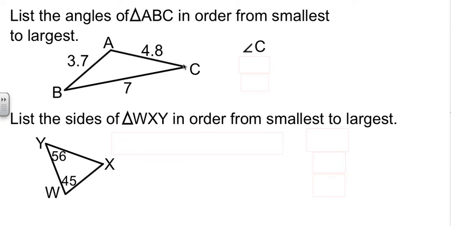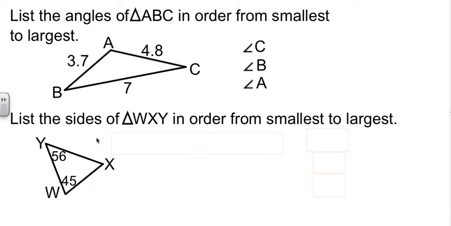Okay. Out of the remaining sides, which one is smaller? AC is smaller than BC, so AC is the next one. And AC is across from angle B. Well, process of elimination leaves angle A to be the largest. So all you have to do to put the angles in the order is figure out the sides.